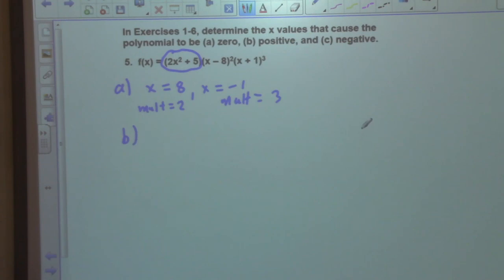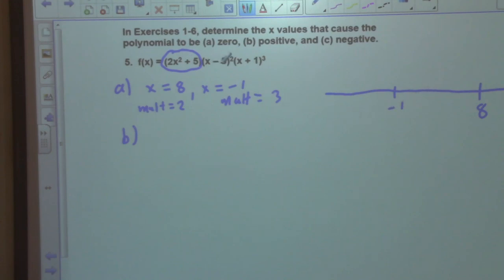I did a sign chart? So you have negative 1 and 8, is that right? Yeah. So to the left side of negative 1, 0. Oh, wait. One thing you could do is because of multiplicity, you could start at 0. So let's just start at 0.